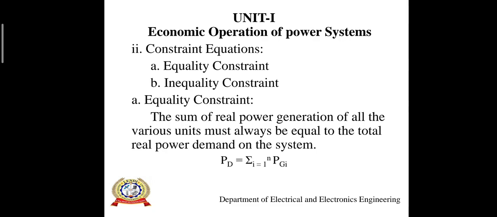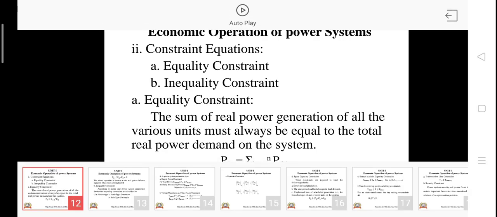Here the real power demand is PD, that is the load demand, and the real power generation is PGi. We always take i equal to 1 to n units, where n may be 10 or 20 depending on the units. So PD equal to sigma i equal to 1 to n of PGi.